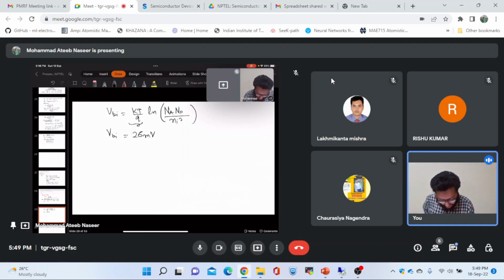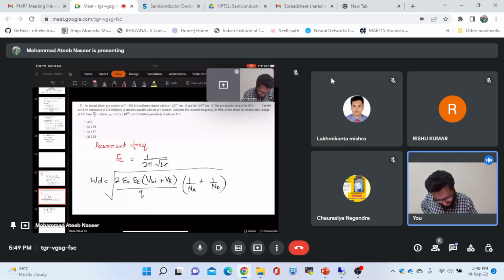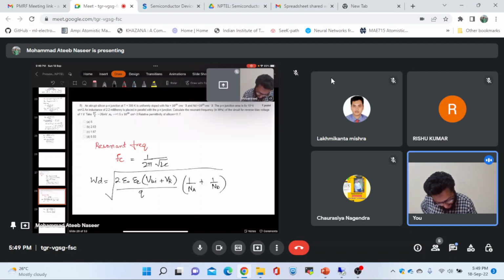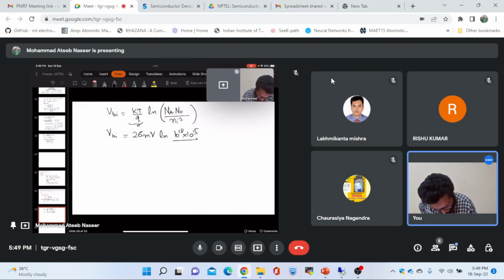तो we will simply write this ln of NA and D. तो NA and D हमारे पास रहेगा 10 to the power 18 और 10 to the power 15. तो 10 to the power 18 into 10 to the power 15 divided by NI square. NI हमारे पास है 1.5 into 10 raised power 10.